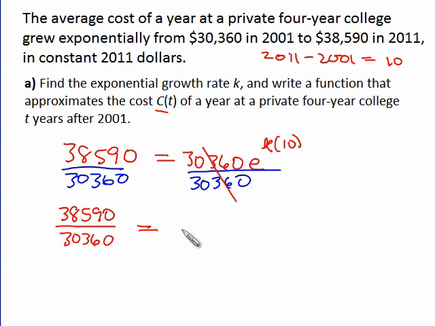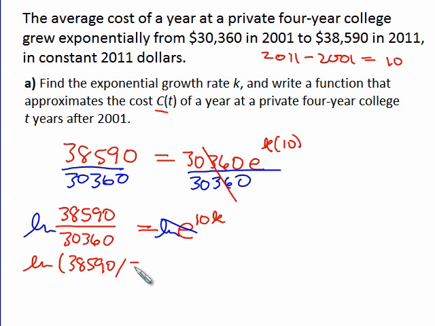And then that goes away on this side, so I get e to the, and I'll rearrange the order here, 10k. To isolate k, I need to take the natural log of both sides. That will cancel here, leaving me with the natural log of 38,590 over 30,360, and that equals 10k.